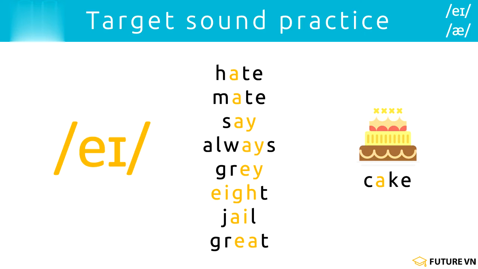Very well done. So you can notice the sound now. It's a longer vowel sound. Also, notice the spelling that is used for this sound. The spelling is very often A, like for example, cake, C-A-K-E. This is the spelling that represents this sound.